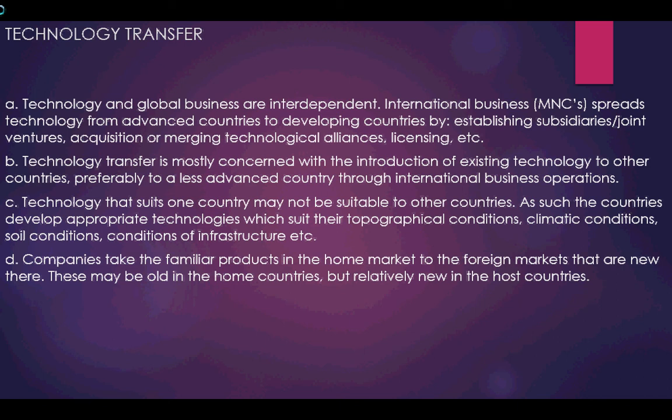With these activities, MNCs are transferring technology from their home country to host countries. Technology transfer is mostly concerned with the introduction of existing technology to other countries, preferably to less developed countries through international business operations.